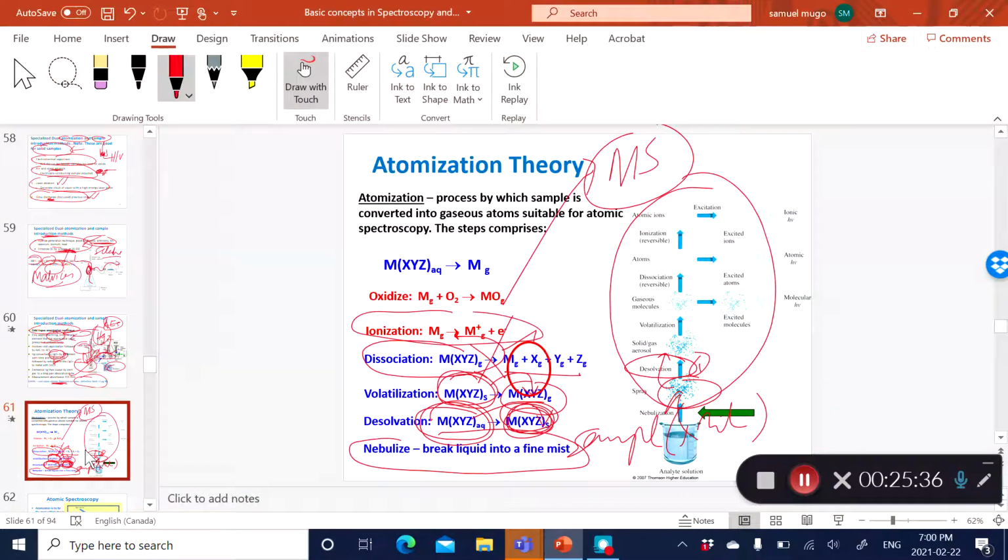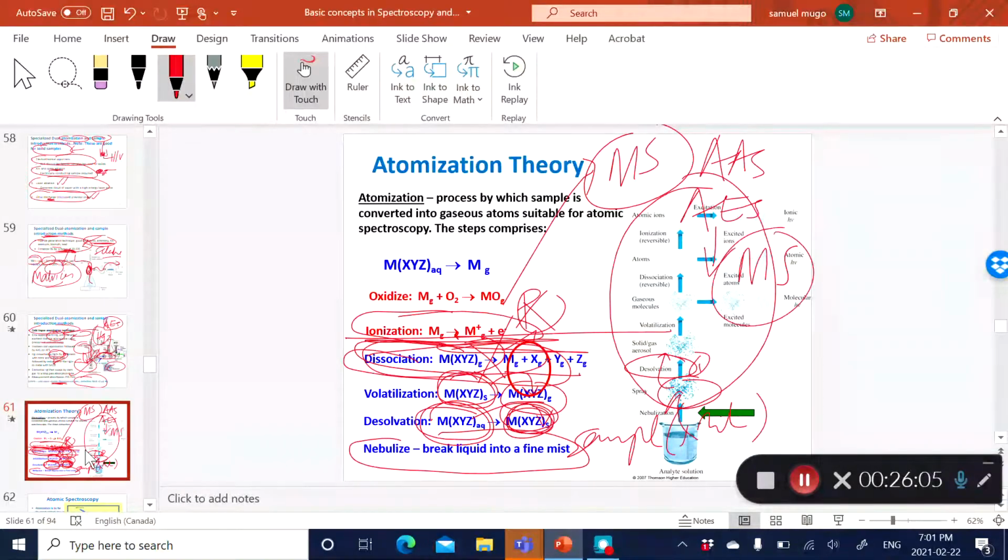Other things can equally happen, such as ionization. However, if you're doing AAS, ideally you want the process to stop at dissociation. If you're doing AES, again, you largely want the process to stop at dissociation. You do not want ionization to happen. However, if the detection system is a mass spec, then you want ionization to take place. And this can equally happen inside the atomizer.